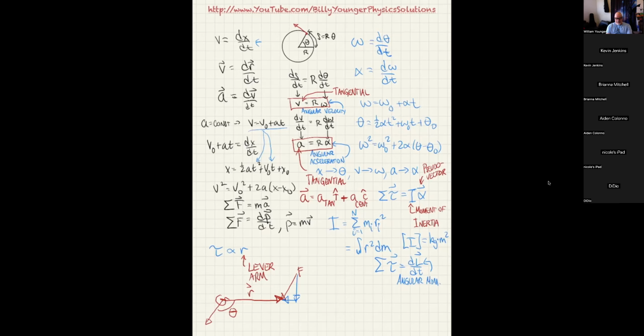I'd guess 45 degrees. 45 is not too bad, but it turns out actually 90 is the best case scenario. So if you're actually at 90, notice that's all this force right here.